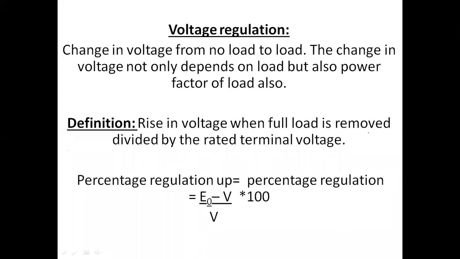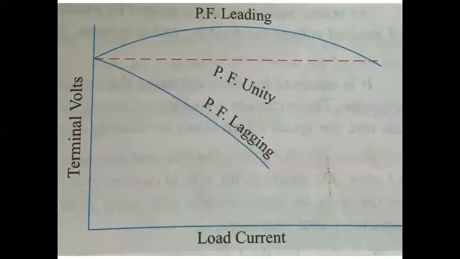And the rise in voltage when full load is thrown off is not the same as the fall in voltage when full load is applied. So the voltage characteristics will be shown in the figure. These are the characteristics. This is the lagging one, this is unity, and this is for leading.